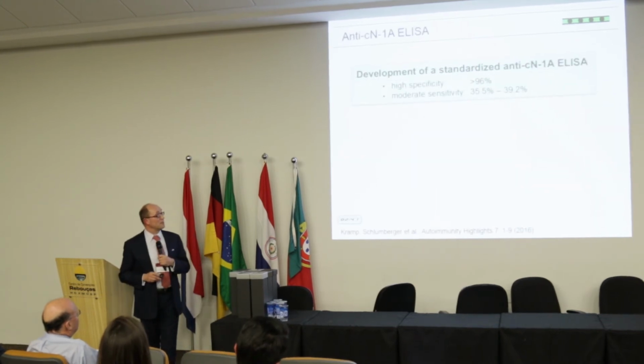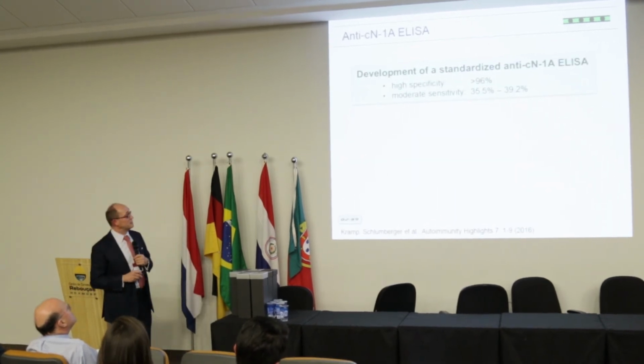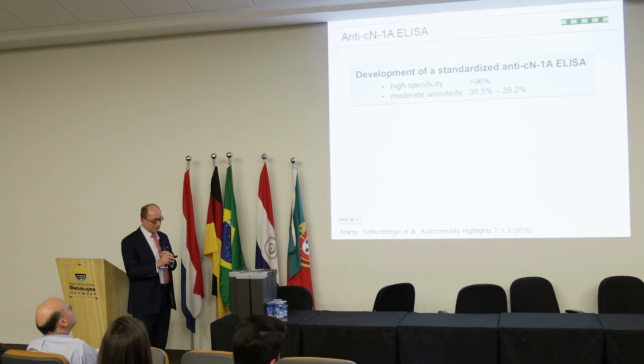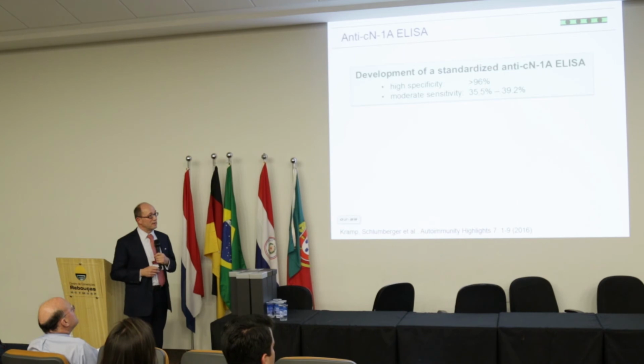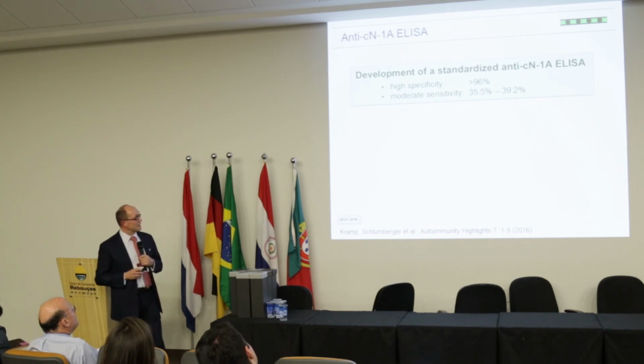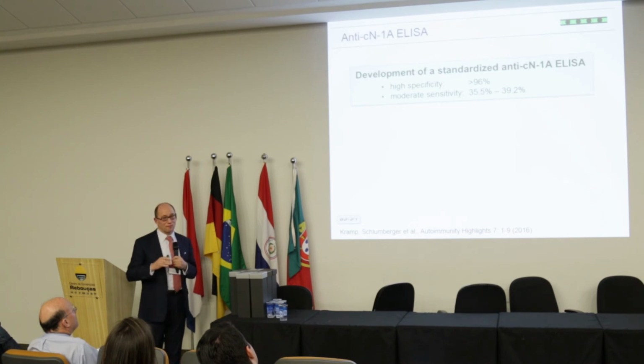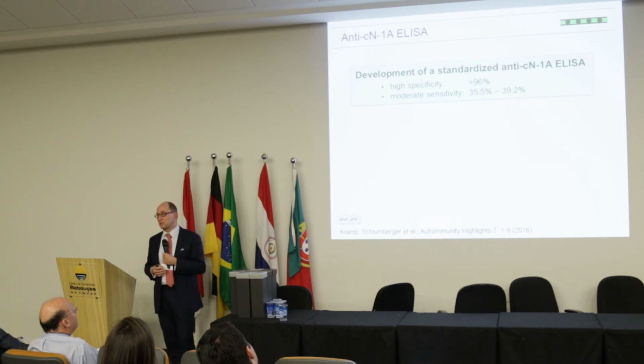So we developed an ELISA based on a full-length CN1A. We have a relatively high specificity, above 96% in both studies so far done. Sensitivity is moderate, in the range of, let's say, 1/3 of the patients having these autoantibodies.